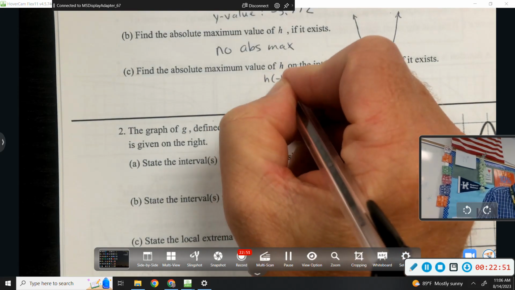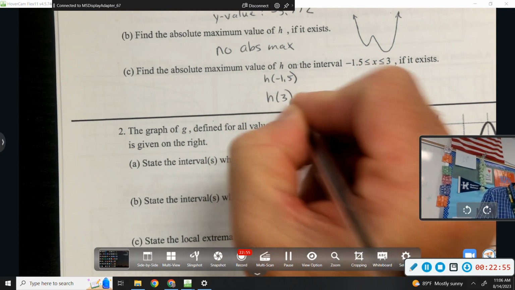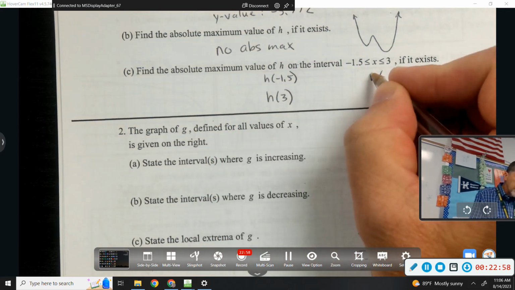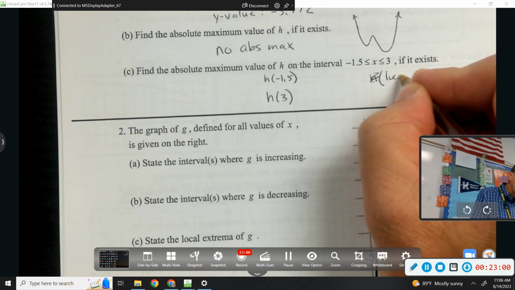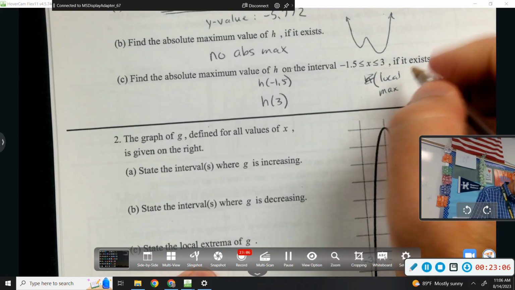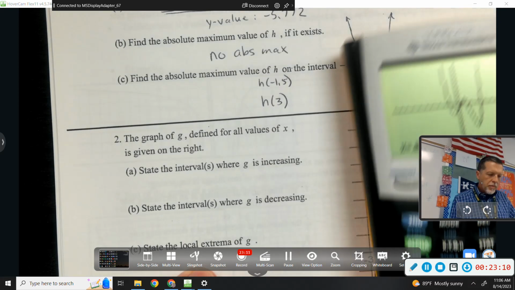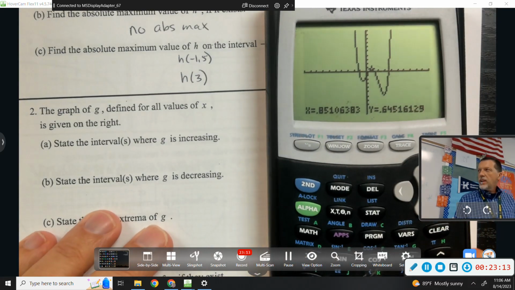H of negative 1.5, H of 3, and I already know there's a local max at 0.584. But I need to check my endpoints here.